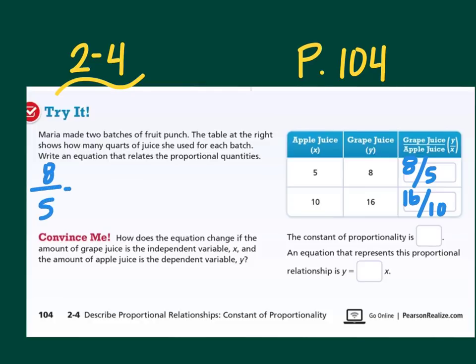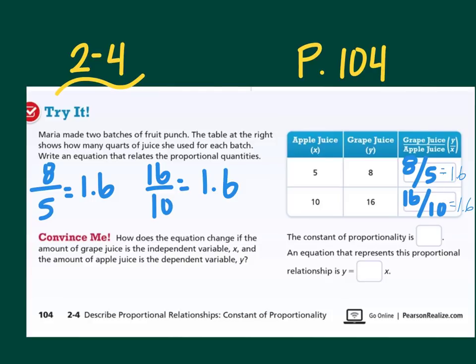So 8 divided by 5 gives you 1.6. And 16 divided by 10, because we're dividing by 10, that's the same thing as swooping once to the left. It also gives you 1.6. So because both of these ratios are 1.6, this does represent a proportional relationship.